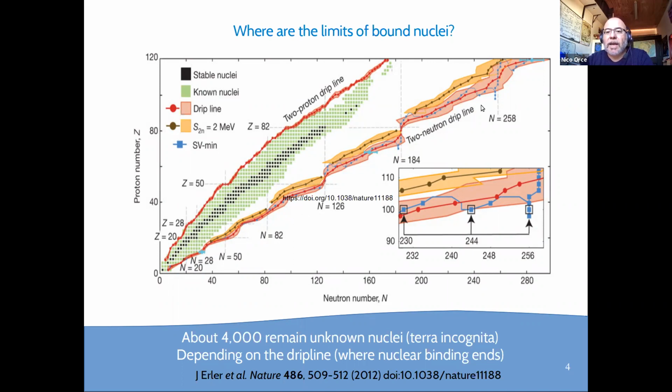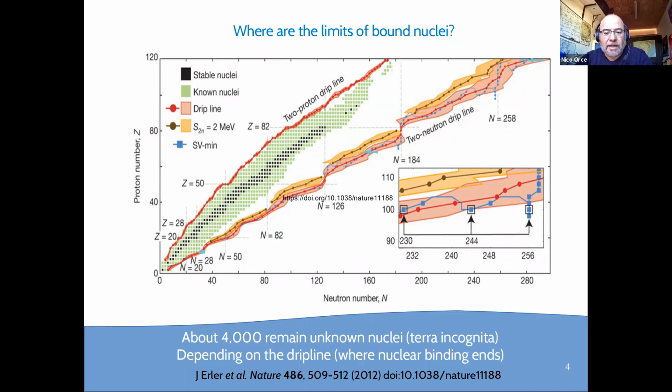These are called the drip lines. A nucleus can be produced up to reaching these borders, which are not well defined. It's not one unique border, but there are a lot of uncertainties, and we are working on these uncertainties to see whether we can narrow down this possibility.